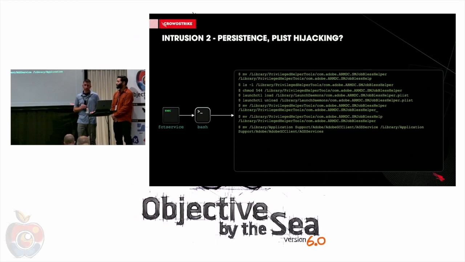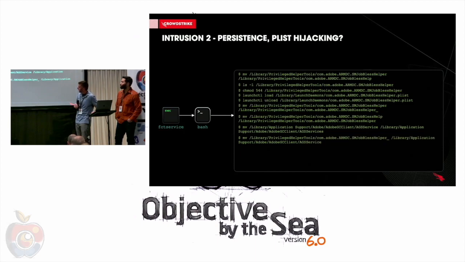So then they switch gears and they go to another application. They look at the Adobe GS service binary, which is the genuine software binary that checks to make sure that the Adobe software running on your computer is legitimate. So the legitimate AGS service binary is moved to AGS services.